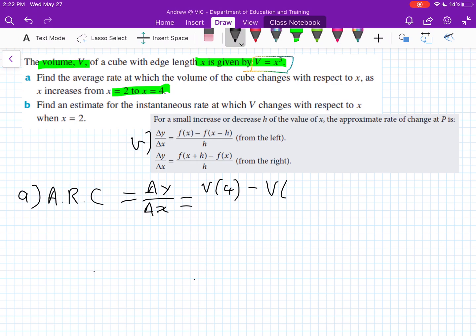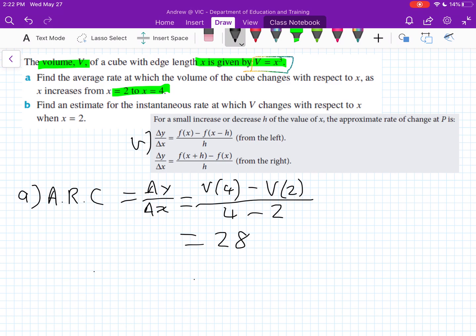This is like our y1 value, V2. Then over our x2 value, which is 4, x1 value, which is 2. Okay, just remember this here is our gradient formula. This will give you an answer of 28 when you do it in your calculator.